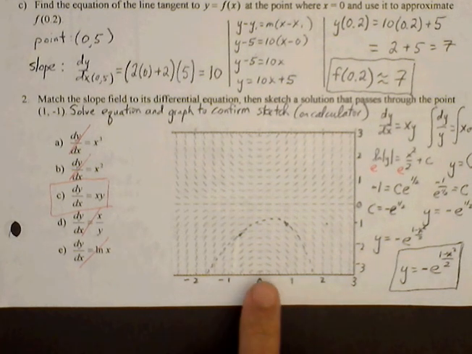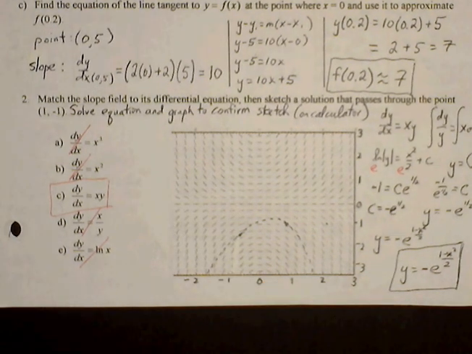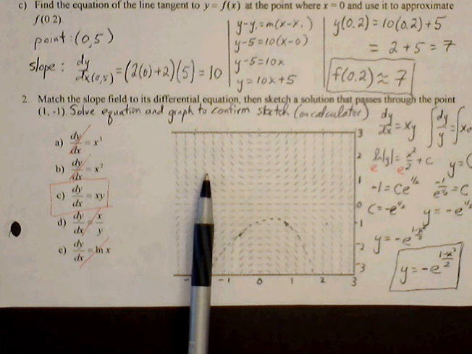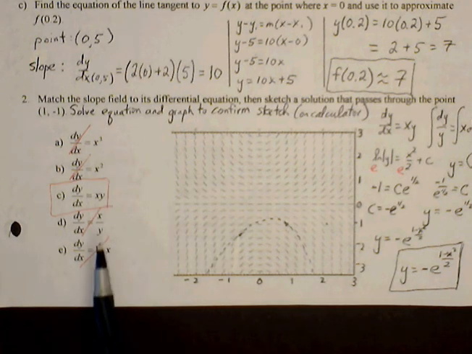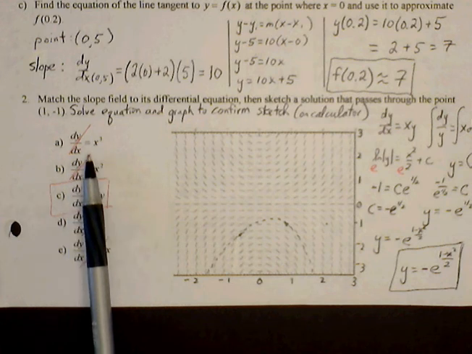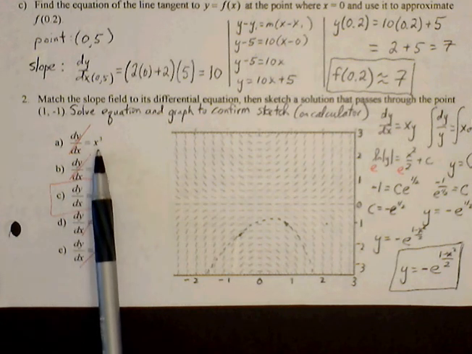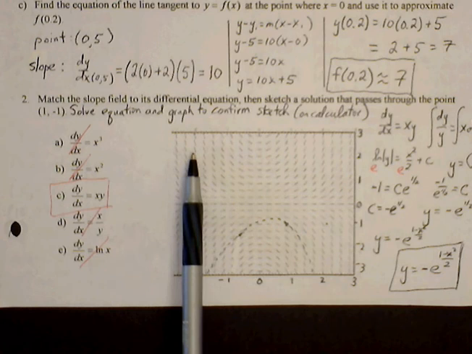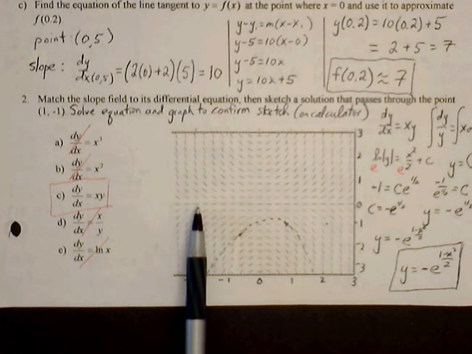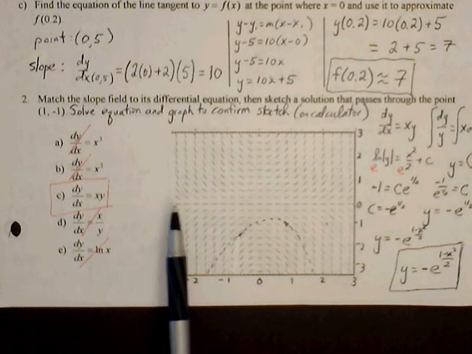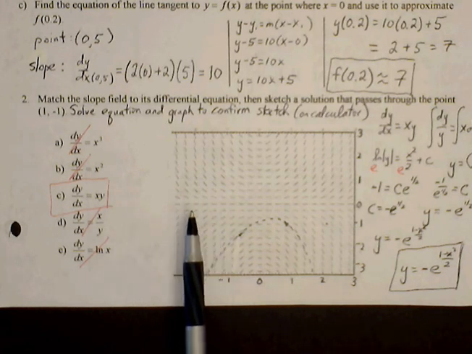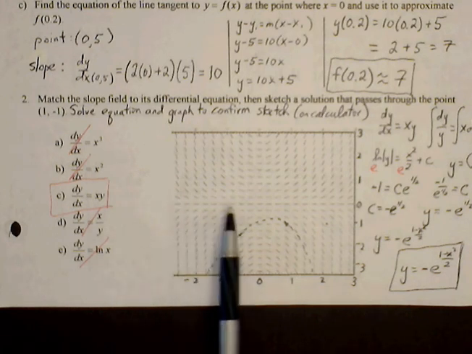First off, we want to match this slope field with the appropriate differential equation. Remember, each differential equation is used to find the slope at each of these individual points. We can observe some general things about this slope field.